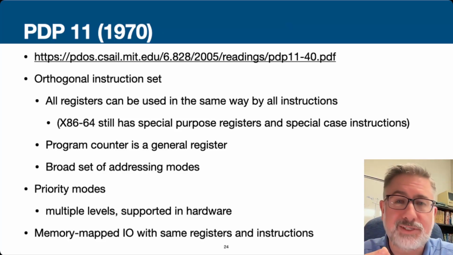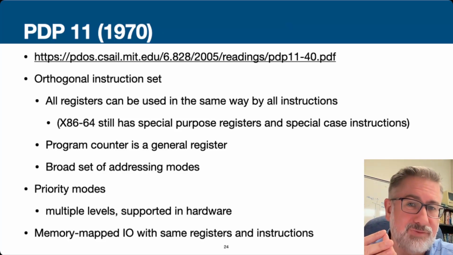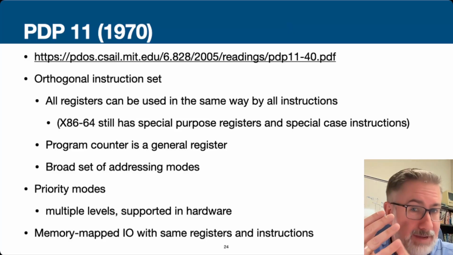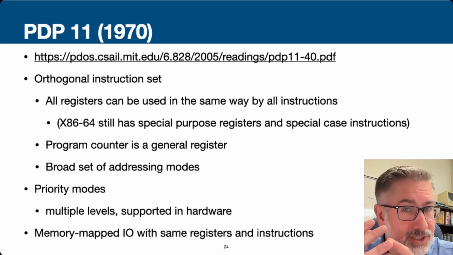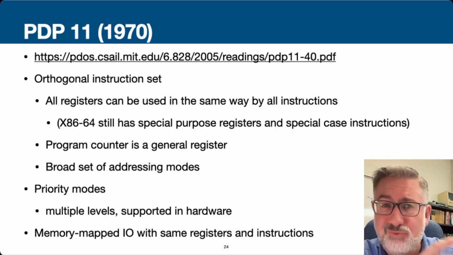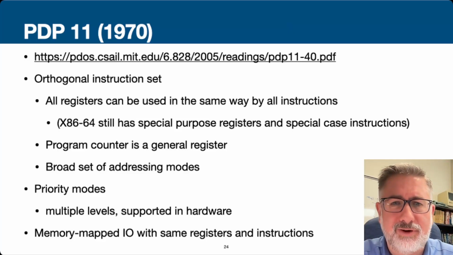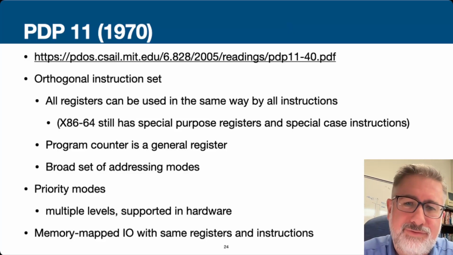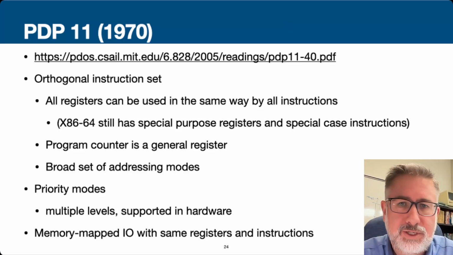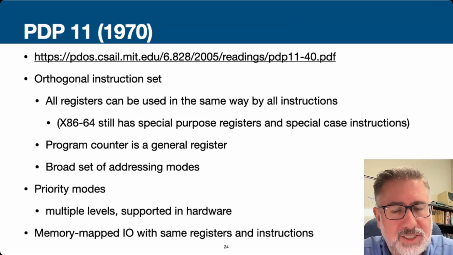That's direct addressing. Or it's in a register specified by an instruction, right? That's register addressing. Or it's in a memory location that is specified by a register that's specified by the instruction. This is register indirect addressing. So we'll talk about all the different addressing modes later on, but the PDP-11 gave these addressing modes lots more flexibility and lots more power.